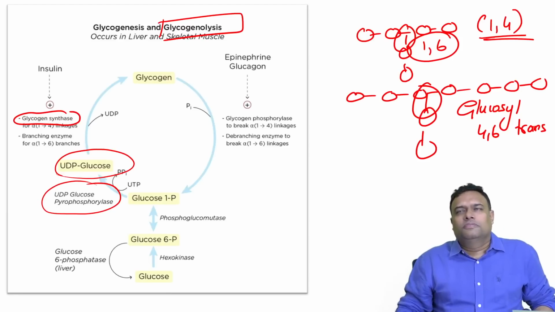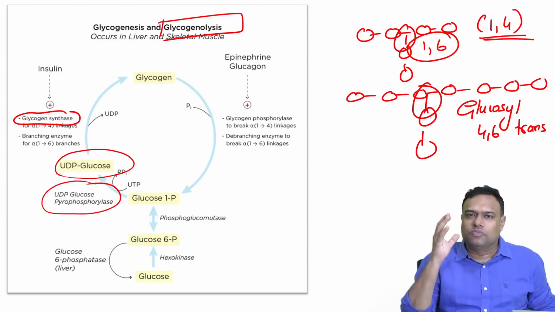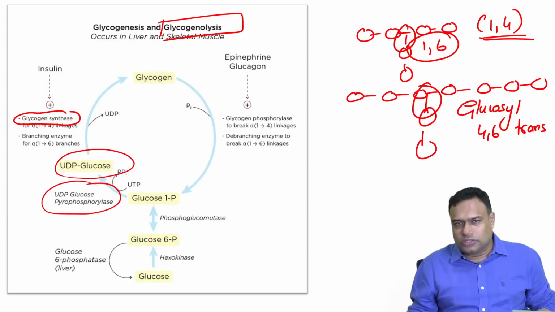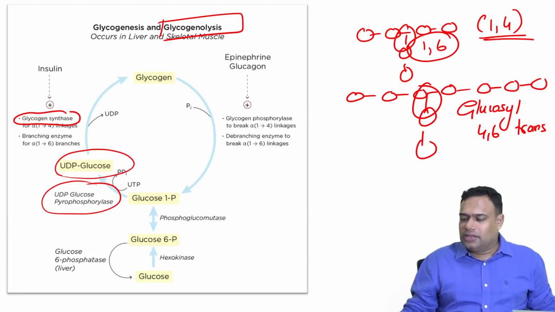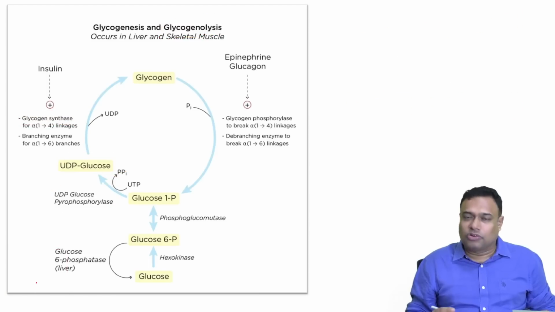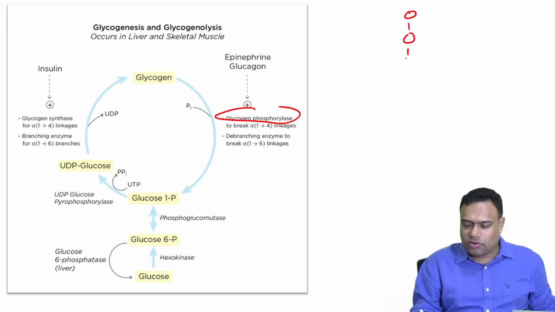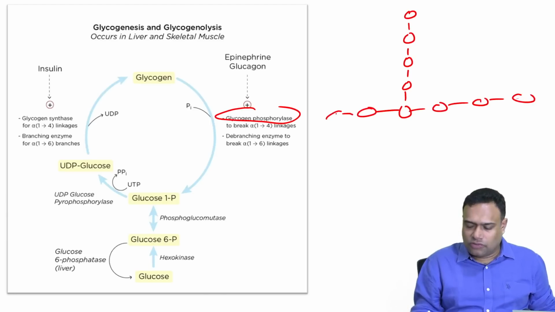Glycogenolysis is when glycogen is broken down to produce glucose. The first step is with the help of an enzyme called glycogen phosphorylase. Glycogen is a big structure with a lot of glucose molecules.